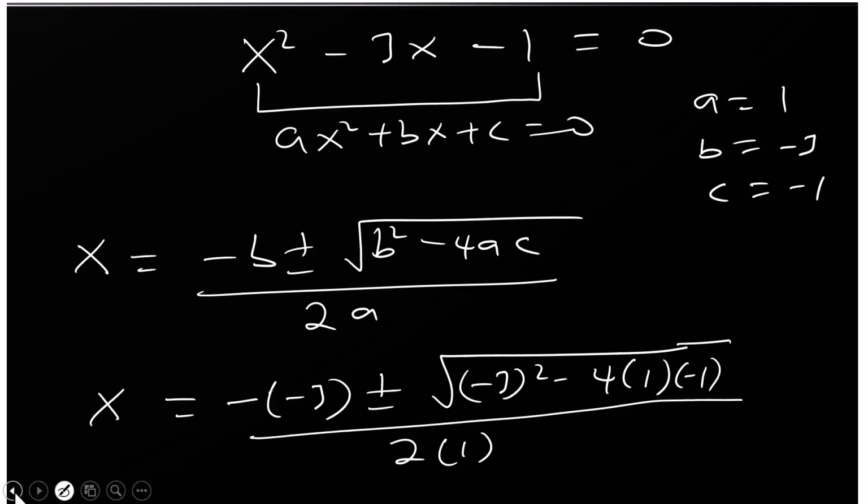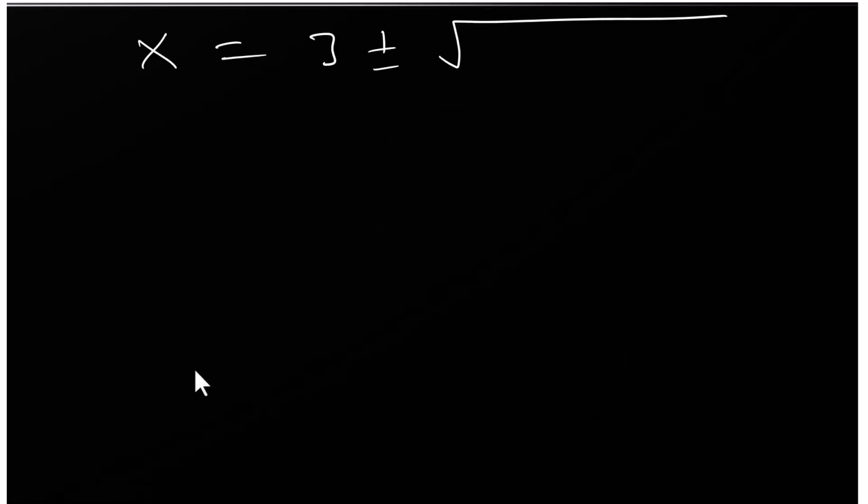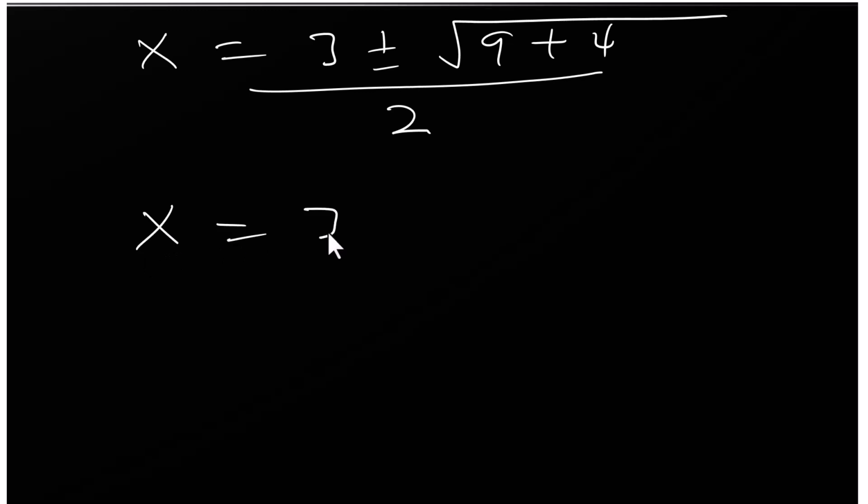So my x will be 3 plus or minus the square root of 9 plus 4, over 2. So we have 3 plus or minus the square root of 13 over 2.